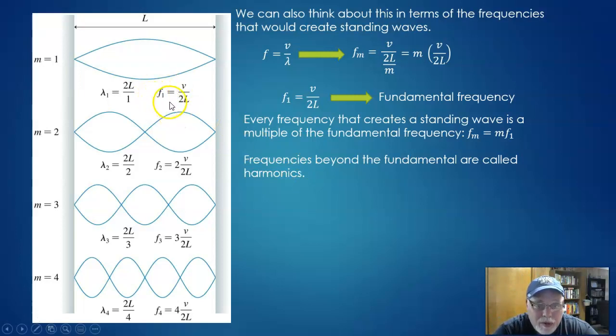So this is the fundamental frequency right here for this wave on a string. This would be called the second harmonic, the third harmonic, the fourth harmonic. So when we talk about harmonics, we're just talking about what multiple of the fundamental frequency it is. If it's the third harmonic, it's 3 times the fundamental frequency, okay? And so this is kind of how it works.